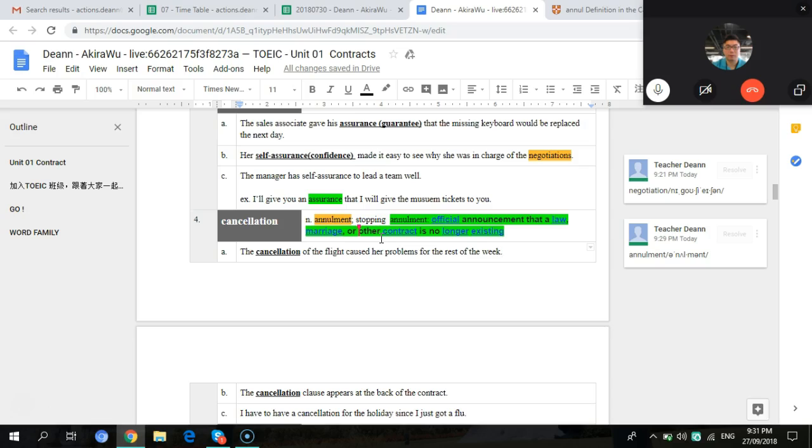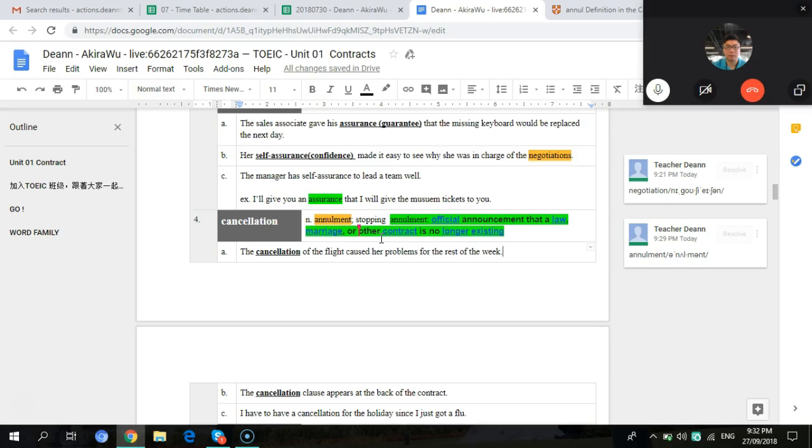But if you decide not to get married anymore, like you want to be separated, then annulment is what you call that announcement. Okay? So cancellation, annulment is stopping, like stopping the marriage, stopping the contract, or stopping the law. Okay, so that is cancellation.